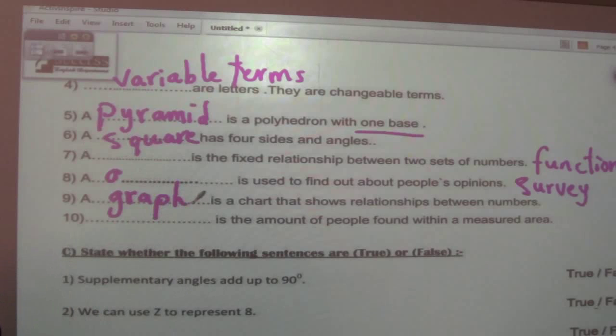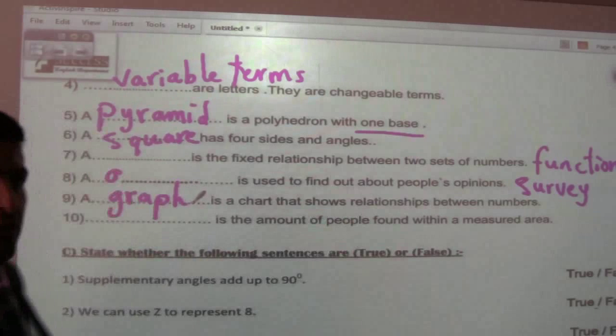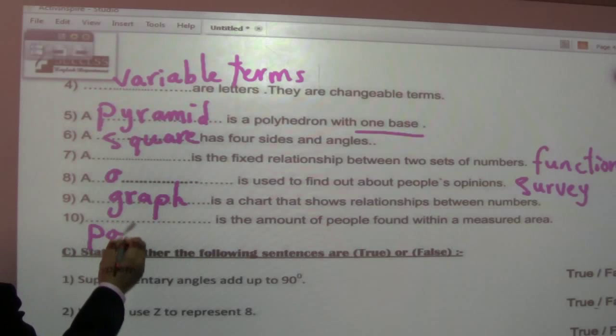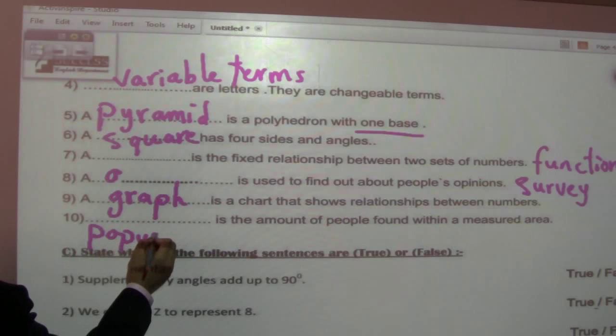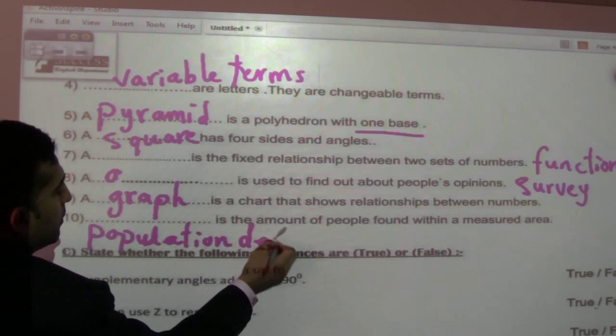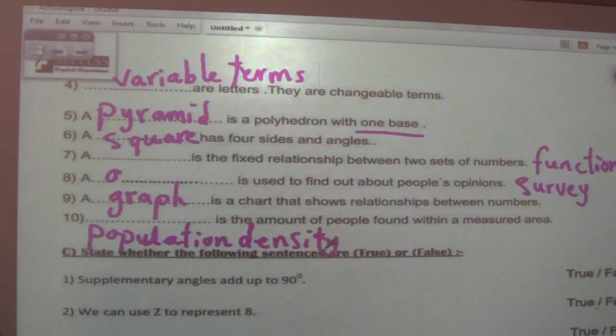Yes, the last one is the amount of people found within a measured area. It's population density. It means in Arabic كثافة السكانية.